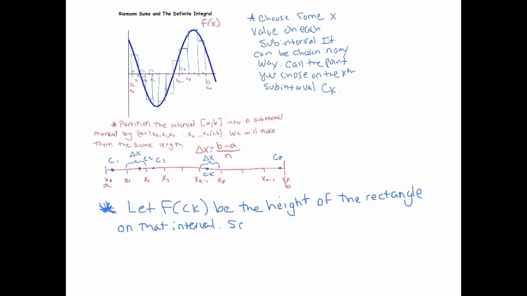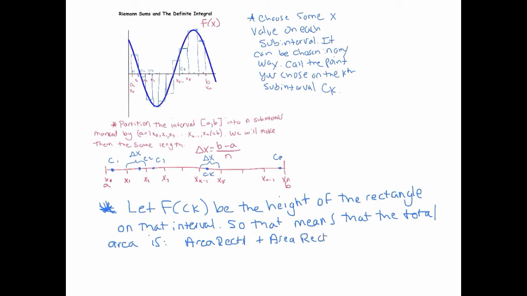So that means that the total area is going to be the area of rectangle 1 plus the area of rectangle 2 all the way up to the area of rectangle n.